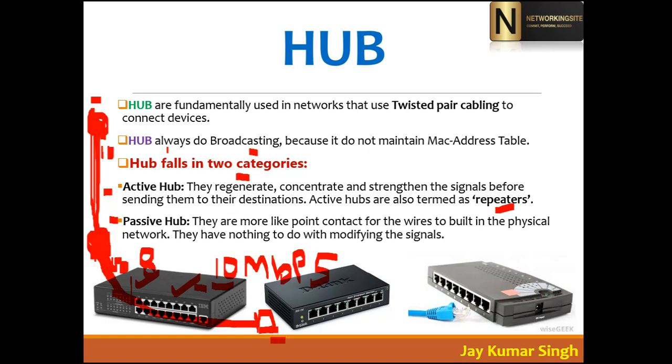So you can simply say that a passive hub does not modify the signal, and an active hub modifies the signal up to its supported speed. Okay, so this was the benefit. Most companies were using active hubs, not passive hubs, but passive hubs were also there.